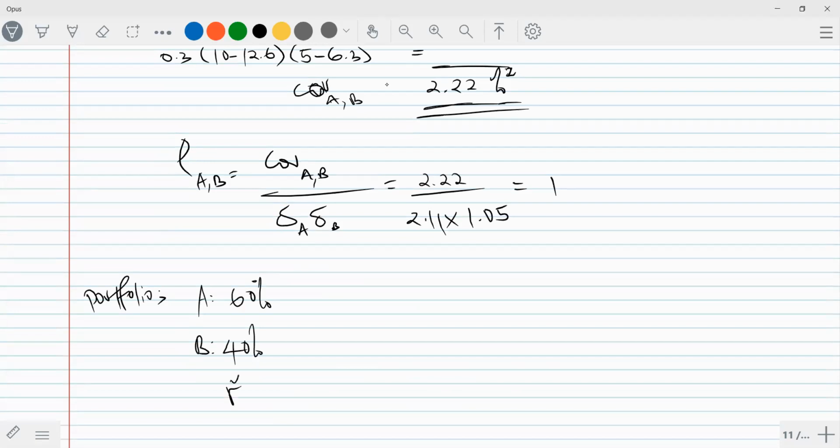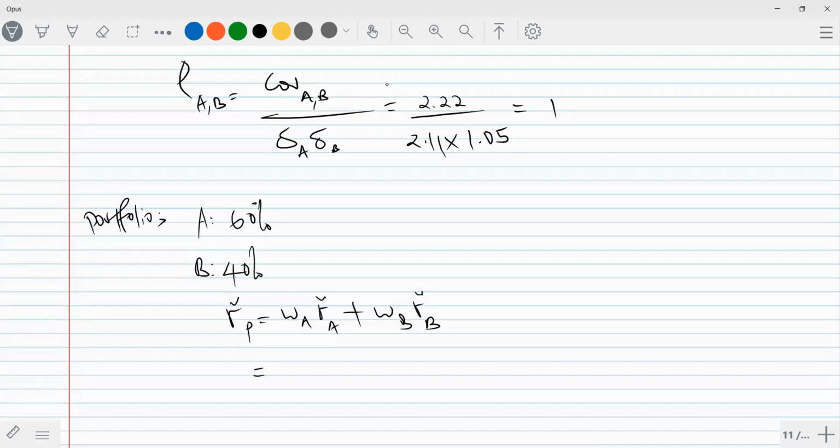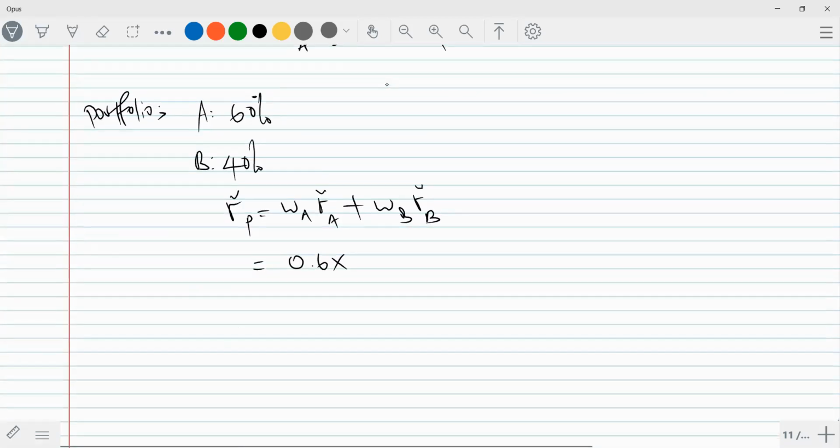The return of the portfolio is given as the weight of asset A multiplied by the return of asset A, plus the weight of asset B multiplied by the return of asset B. The weight of asset A is 60%, and the expected return of A is 12.6%.